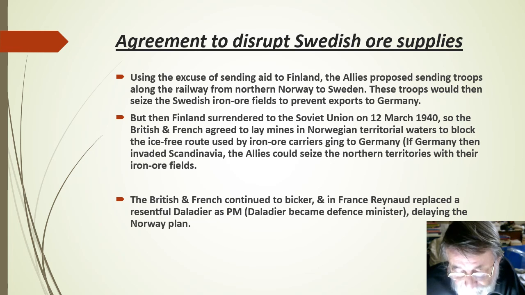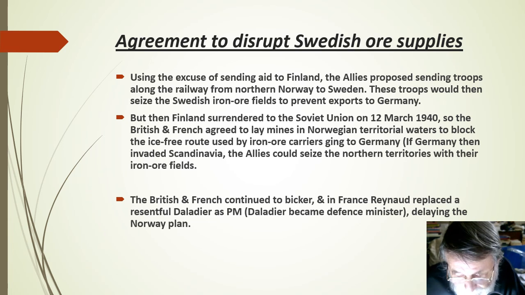But then Finland surrendered to the Soviet Union on the 12th of March 1940, so the British and French agreed instead to lay mines in Norwegian territorial waters to block the ice-free route used by iron ore carriers going to Germany. If Germany then invaded Scandinavia, the Allies could seize the northern territories with their iron ore fields.